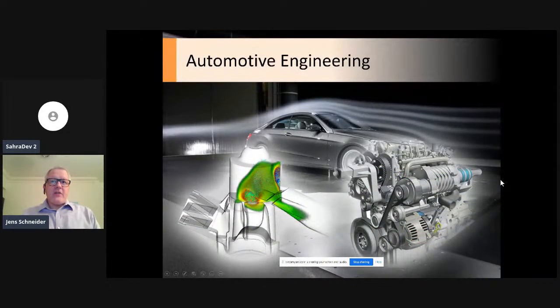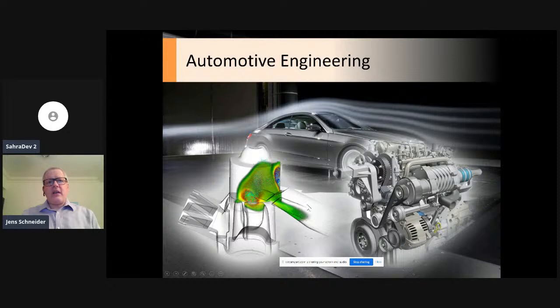In automotive engineering, we have nowadays reached a point where cars are normally designed completely on a computer, including crash simulations, including virtual wind tunnels, and also engines are designed in the same fashion. Here you see an engine, and first you simulate how the petrol burns in this engine.